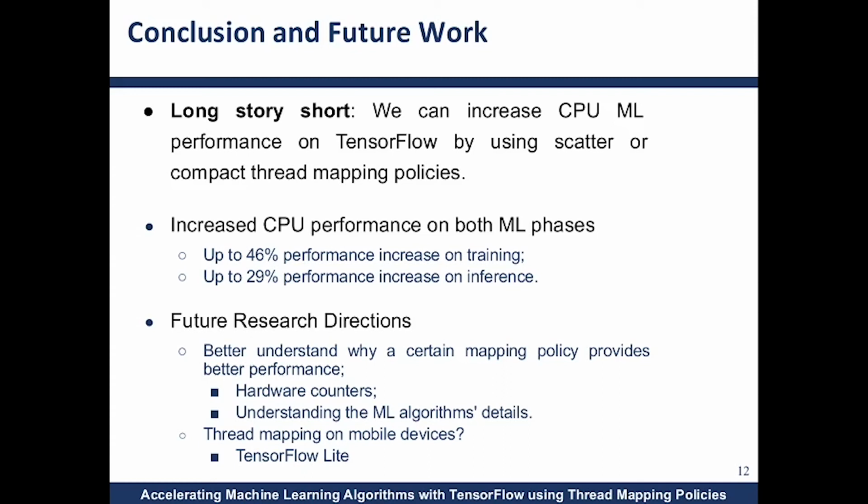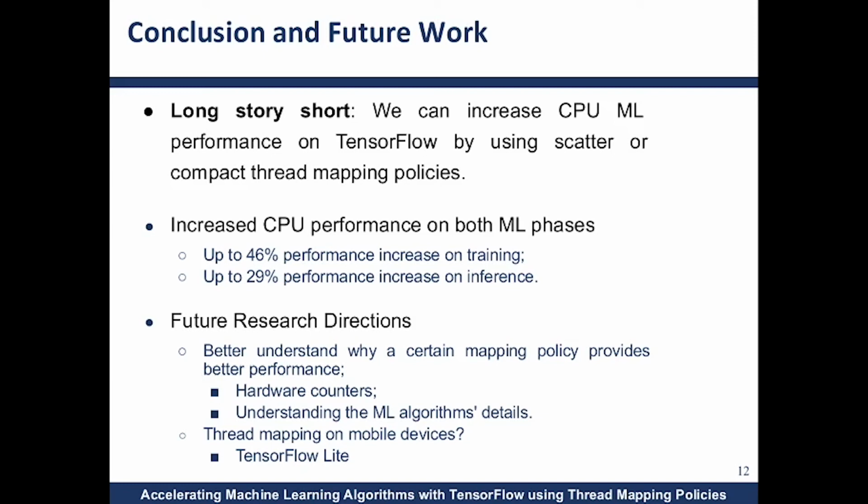These gains are interesting because they can be achieved by just changing an environment variable of the system. You don't need to buy an accelerator device or drastically change the code to make the applications run faster, which is quite interesting.